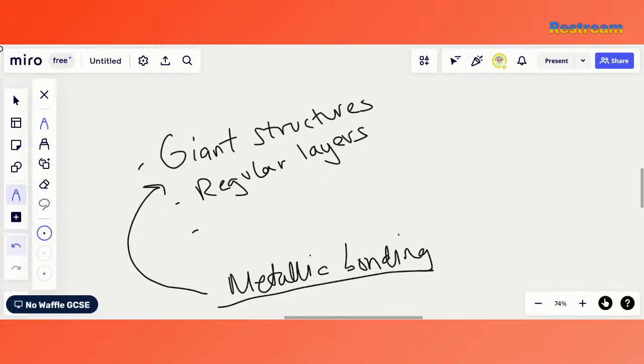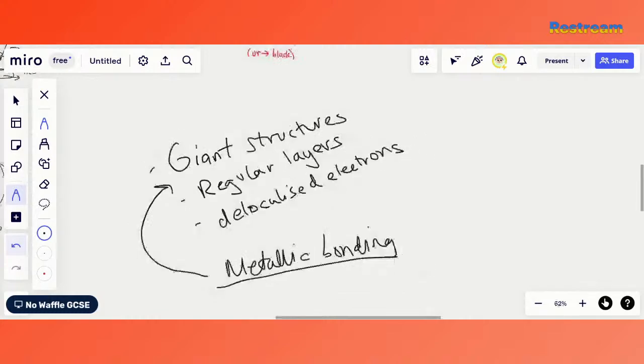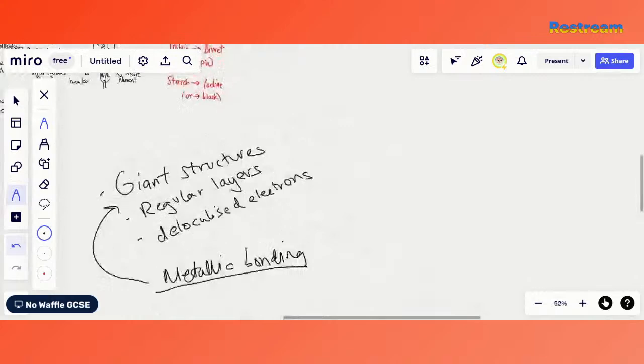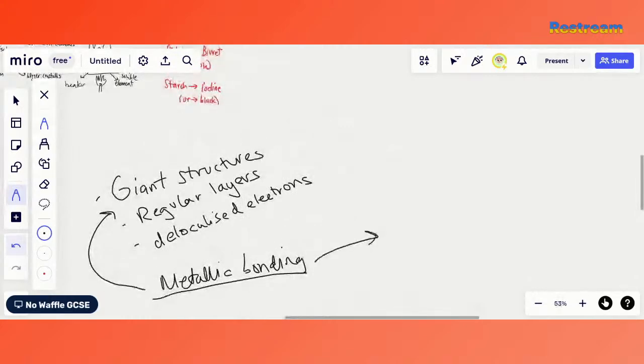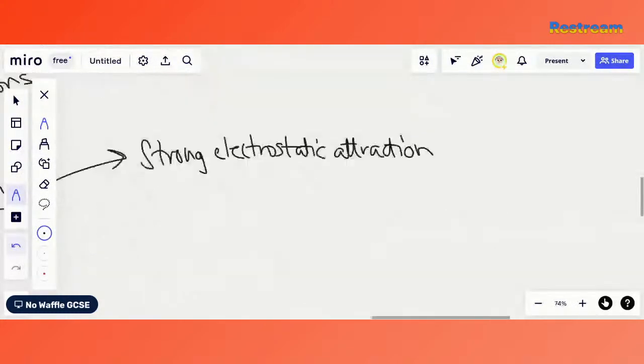And each of the regular layers contains electrons on the outer shell, which are delocalized. Now, the metallic bonding is the bonding between the strong electrostatic attraction, let me zoom in for you.